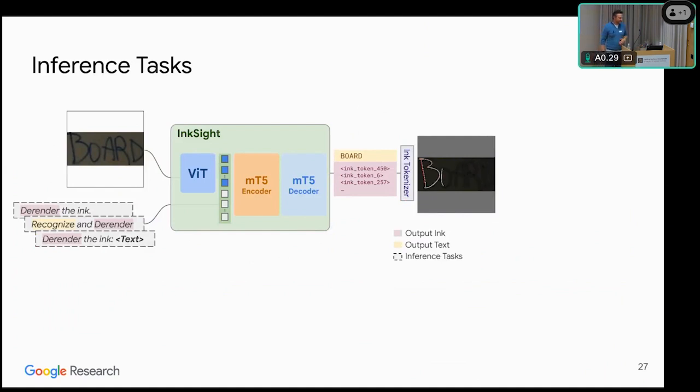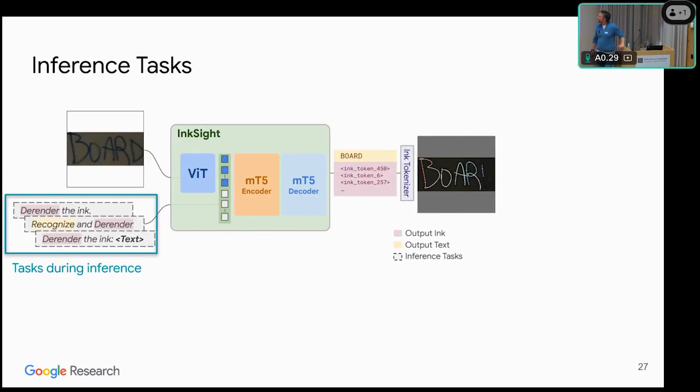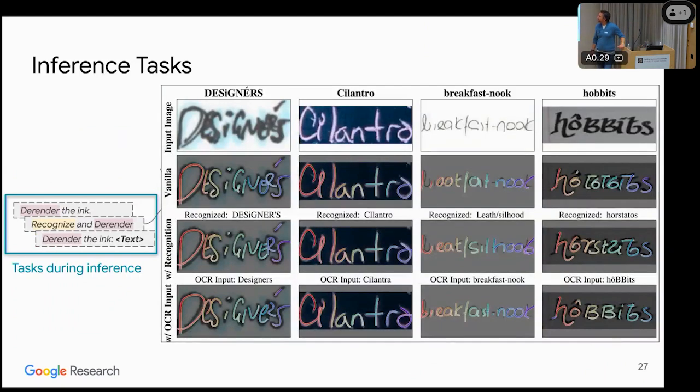So inference tasks, I've already been through most of the points here. Again, we have the different tasks. This is more what I wanted to show: examples of inputs and outputs across the vanilla approach, the using-recognition approach, and a third thing you could do, which is to run your OCR engine to tell the model what the text is that you're trying to de-render.